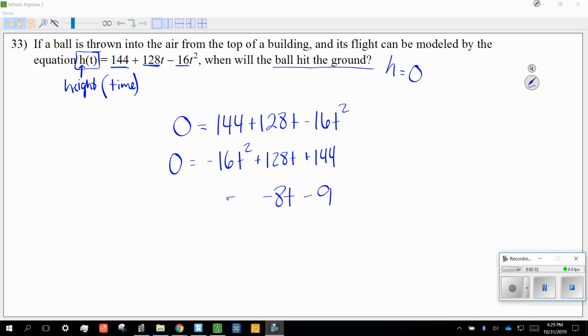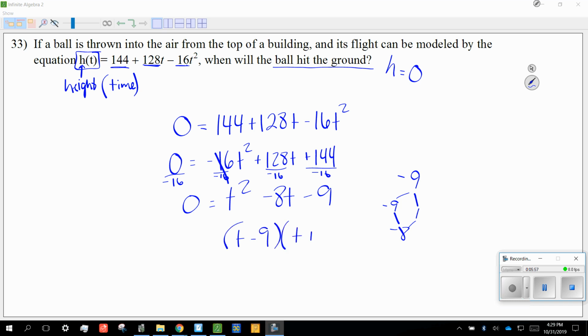So I have t squared, because I divided everything by negative 16. You could also put this in your calculator. Well, this is factorable. Factors of negative 9 that add up to negative 8: negative 9 and 1. So t minus 9 times t plus 1 equals 0. And I solve for t. So t could equal 9 or t could equal negative 1.